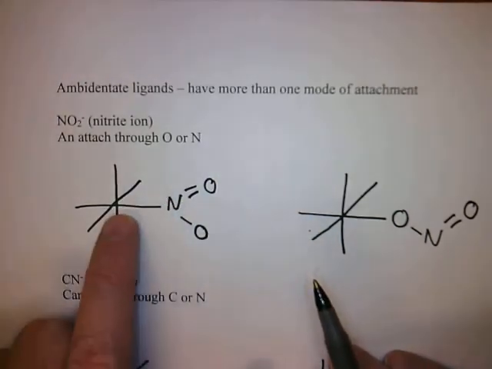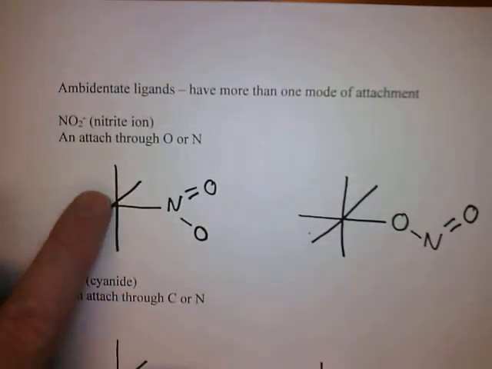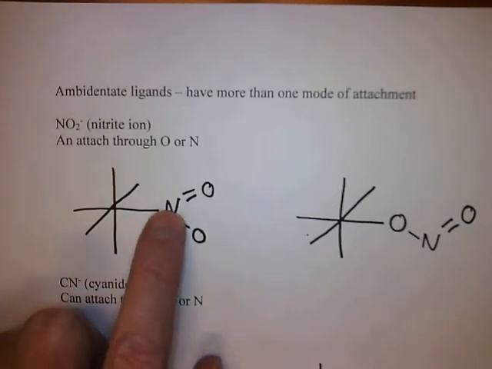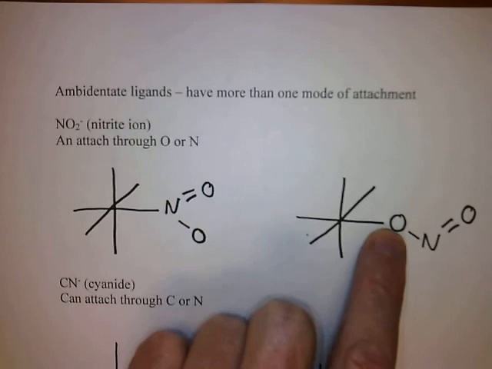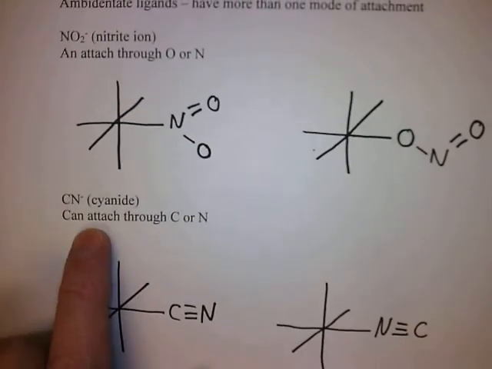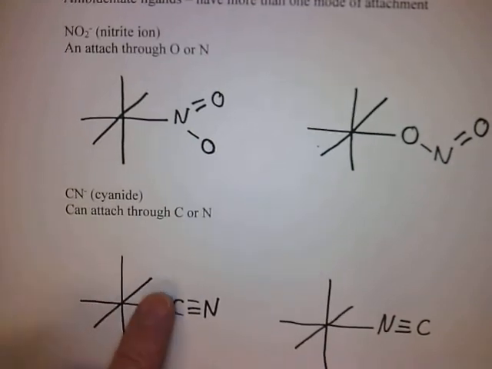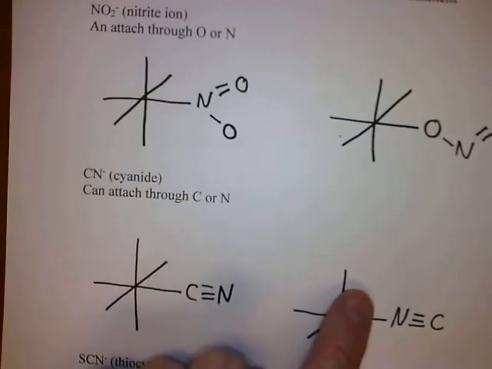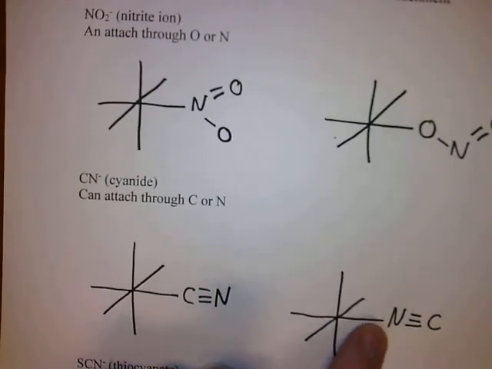So here, if this is your metal center, let's say, and a metal center here, then it can bind through the N, or it can bind through the oxygen. Okay. Cyanide is another example. It can bind through the carbon, or it can bind through the nitrogen. Okay.